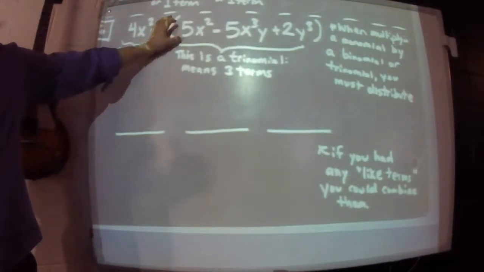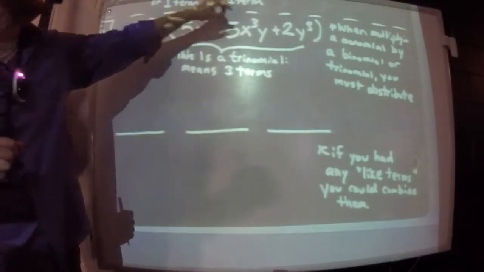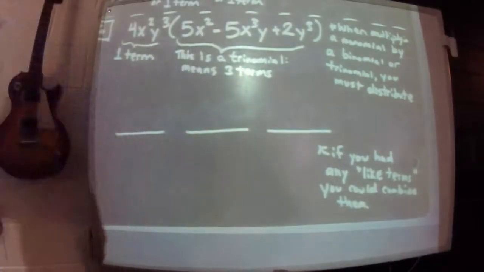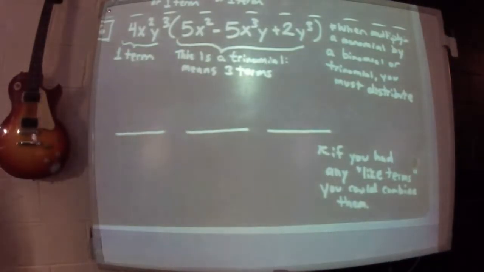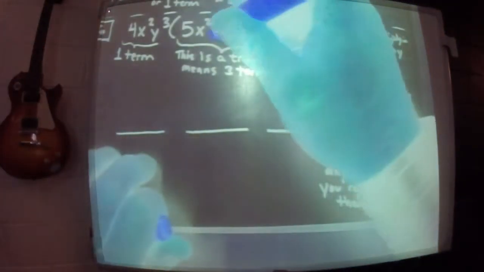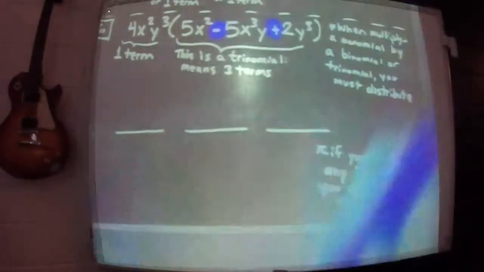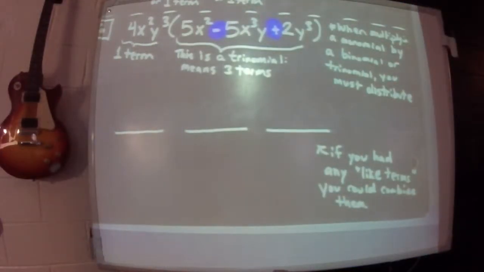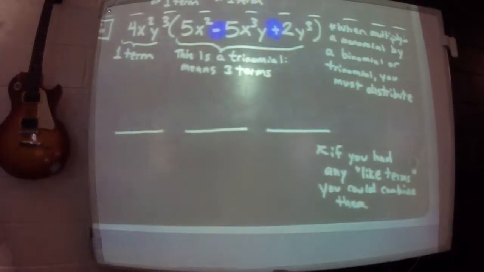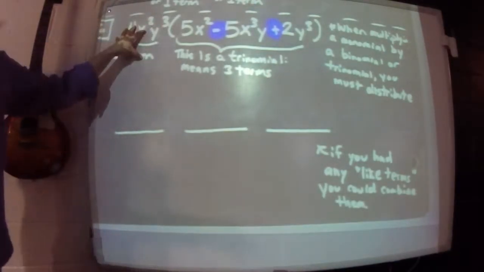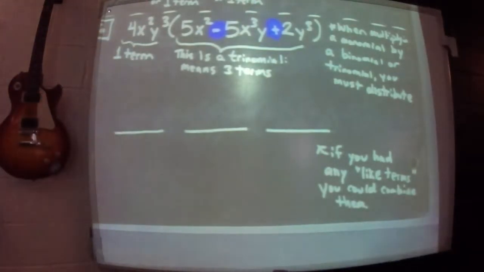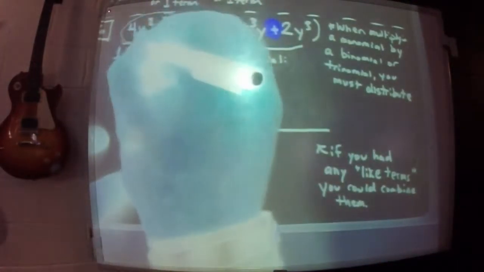What that does is it breaks the parenthesis into 1, 2, 3 pieces. Those plus signs or minus signs right here and here mean that that's a trinomial inside the parenthesis. What we have outside the parenthesis, which is going to get distributed, is all one piece right here.